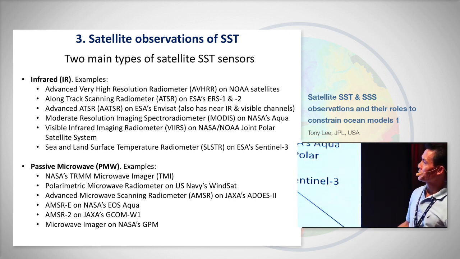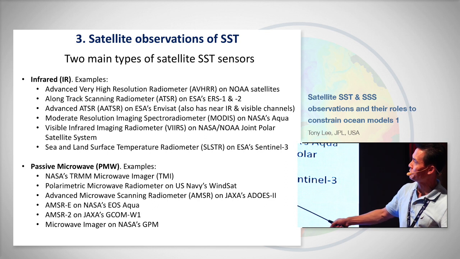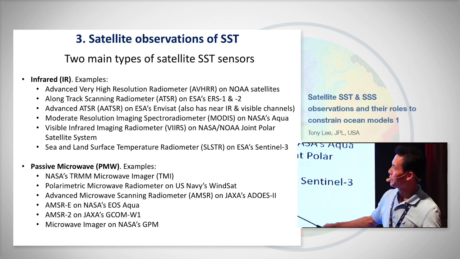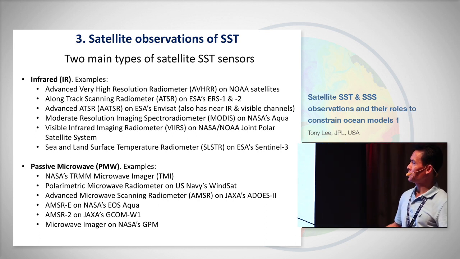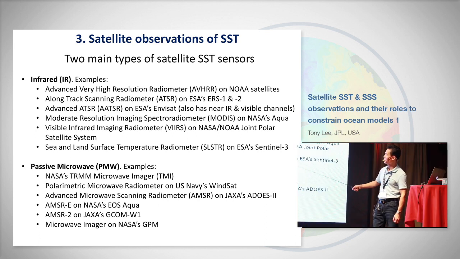And NASA has the MODIS, and also there's the VIIRS, the Visible Infrared Imaging Radiometer Suite. And more recently, following the AATSR heritage, ESA has the SLSTR on Sentinel-3 for infrared measurements.